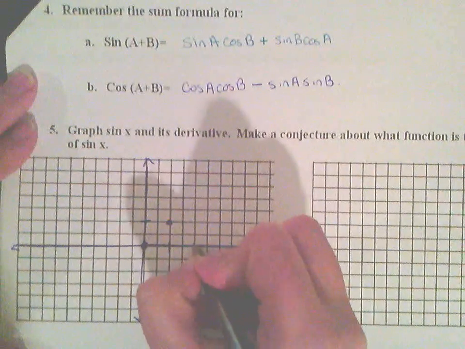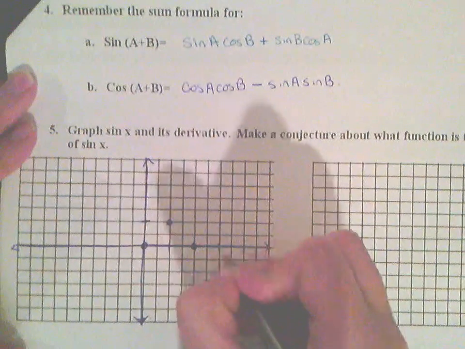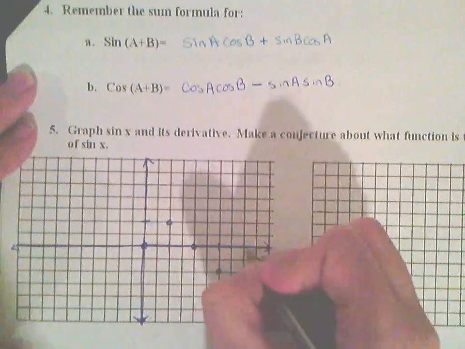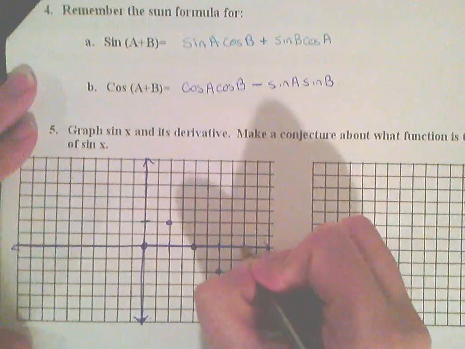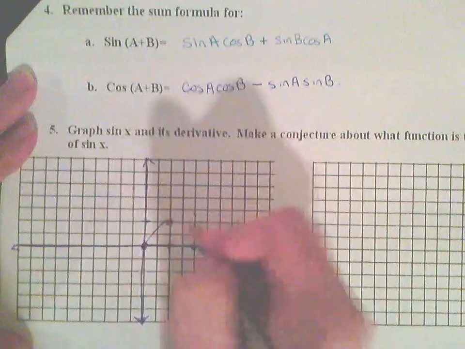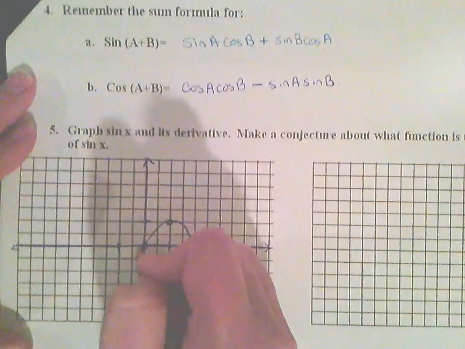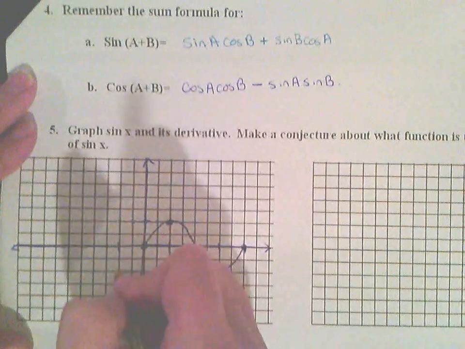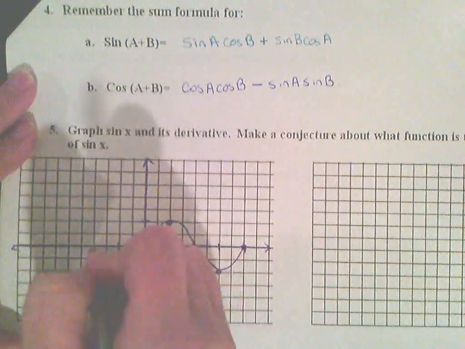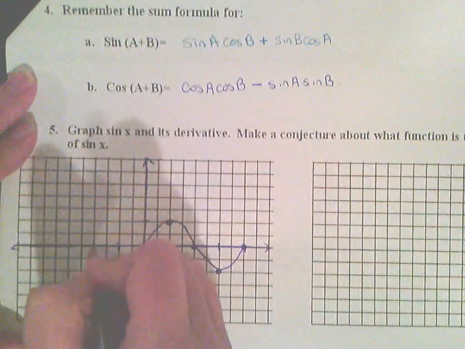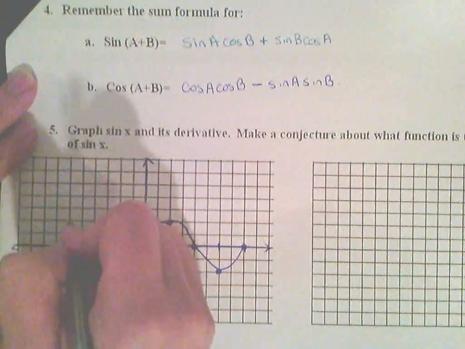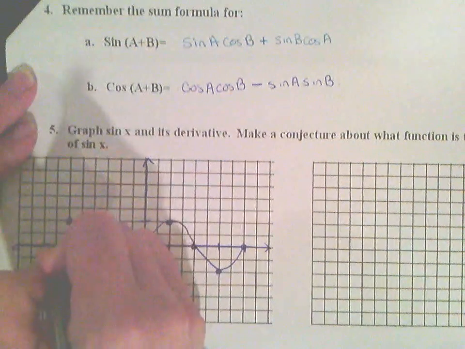At pi, we go back to 0. At 3 pi over 2, it's down here. And then at 2 pi, we're back up to 0. It does the same exact thing on this side. At negative pi over 2, we're at negative 1. Comes back up, goes up to 1, comes back to 0.